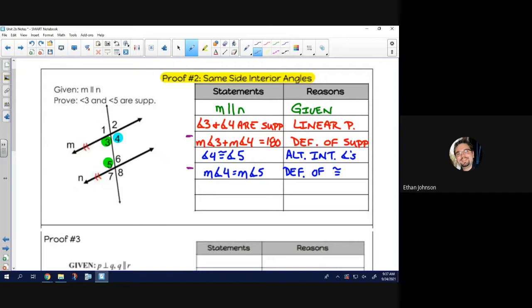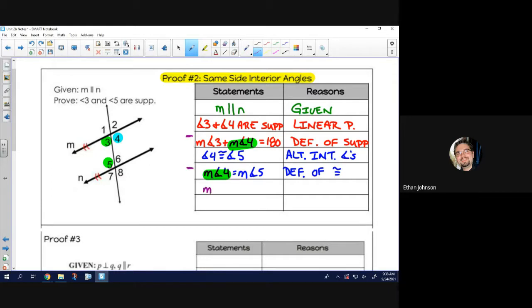There's no vocab, we already have an equal, awesome. Can we combine where we left off? Yeah, they both have measure of angle 4, measure of angle 4. So we can replace measure of angle 4 with a measure of angle 5.